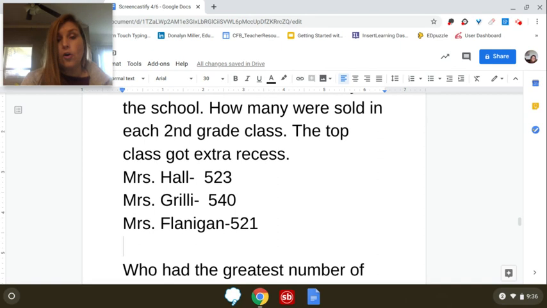Oh no. So Miss Flanagan and Miss Hall both have 20. So we are going to have to move to the ones place. And here we have 3 in Miss Hall's class and we have 1 in Miss Flanagan's class. That's how we determine all the way through how to do it.